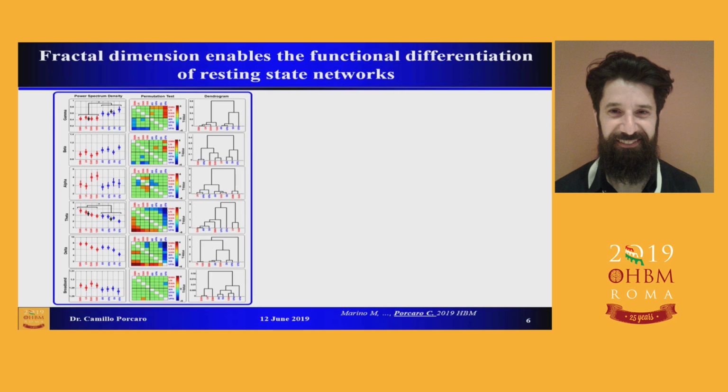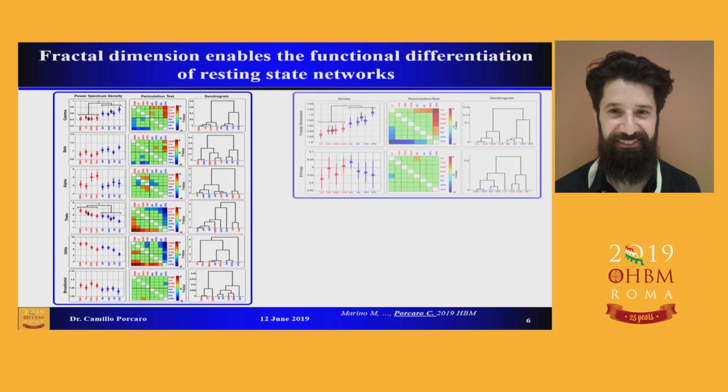What we found is that if we use the broadband, we are not able to differentiate the neuronal dynamics of these resting state networks. But if we use the gamma feature, we were able to divide our 8 networks into 2 subgroups. One is more like the default mode network and the language network, so the high cognitive functions, and the other is the perceptual networks. The same thing can be done through the fractal dimension.